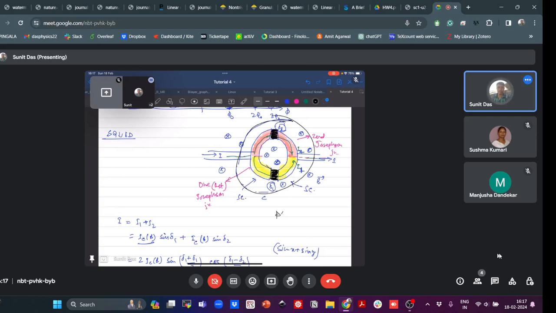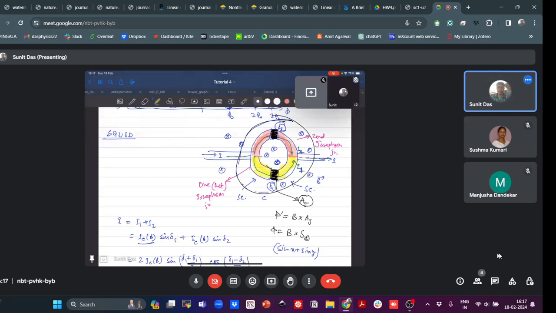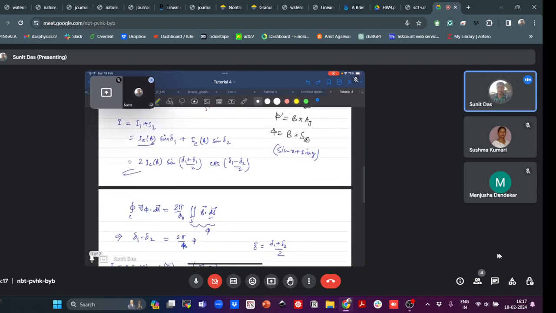So phi prime is B times the area of the Josephson junction, A_J, and phi is B times the total surface area enclosed by this closed loop C. The entire area is S. That is the difference between phi prime and phi.